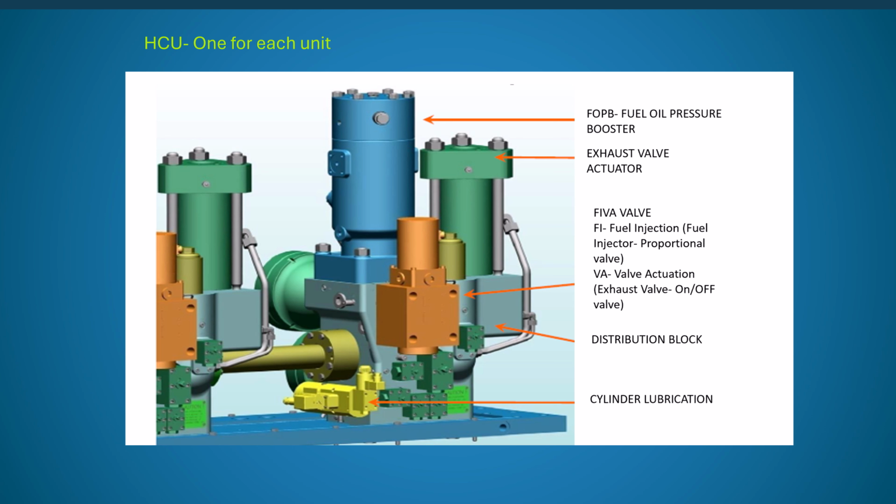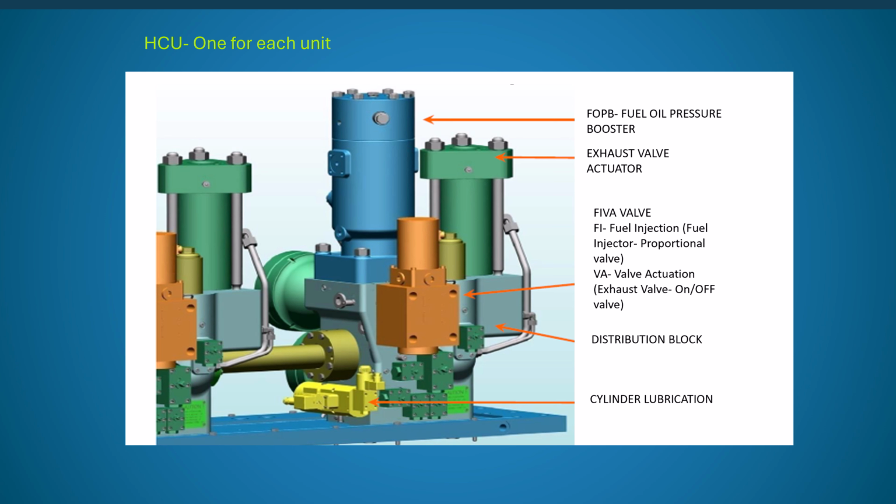So we have two different valves. When the engine control system sends a data signal to the ELFI, that means electronic fuel injection, it operates in such a way as to admit the hydraulic oil to the unit or cylinder which requires firing or injection of the fuel. Accordingly, the fuel pressure booster will operate and inject the fuel.